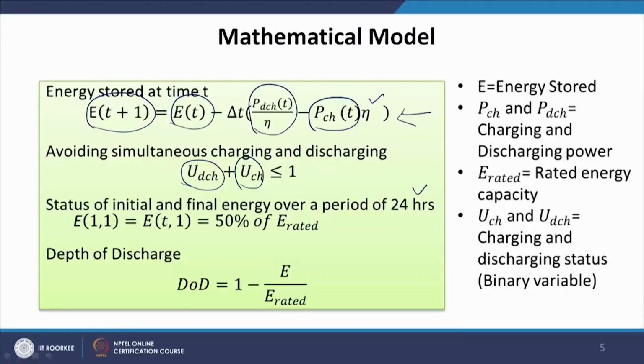The initial and final energy over a period of 24 hours is taken as 50% of the rated capacity, and the depth of discharge, DOD, is 1 minus E upon E_rated. Regarding the previous statement, the battery at its initial position could be 100% charged or 100% discharged, but ideally we consider that at the start and end of a day, the battery should not be at 0 or 1 state.